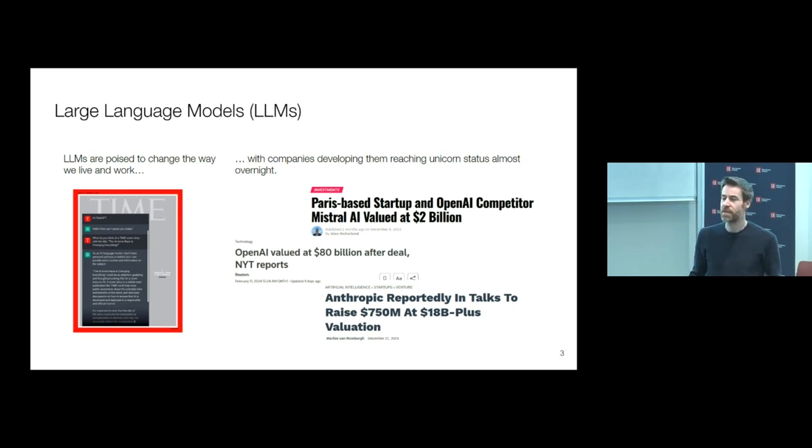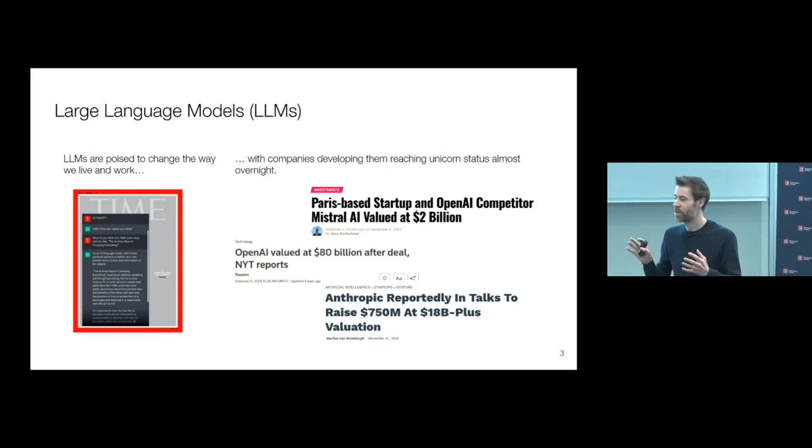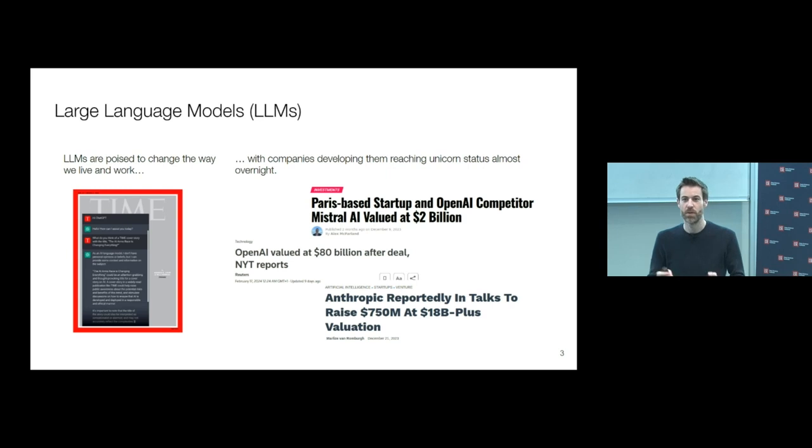As you have all seen, large language models are changing the world. This is my slide on how it's going to have such a deep impact. We don't know exactly where or what the product is, but I think we can all agree they will have a massive impact across the board.